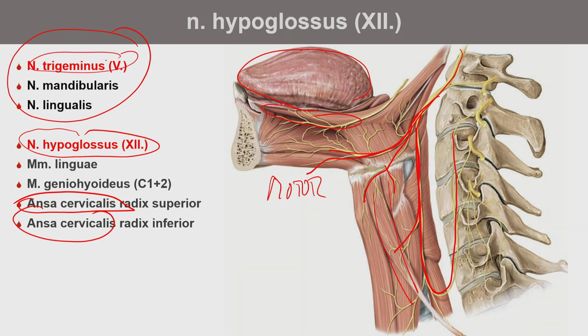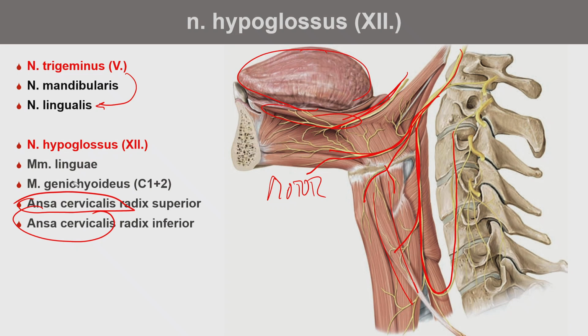Trigeminal nerve. We have said that through the mandibular nerve and its branch, the lingual nerve, the sensations from the tongue and floor of the mouth are provided, so it's only sensitive. So please remember, as I distinguish ophthalmic and optic, it's hypoglossus and lingualis. Both have in the name the word for tongue.